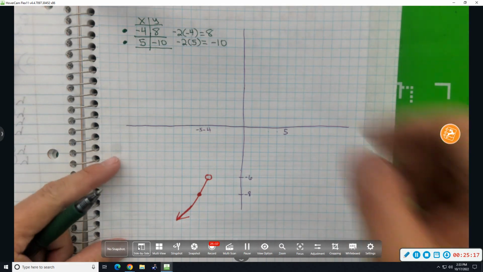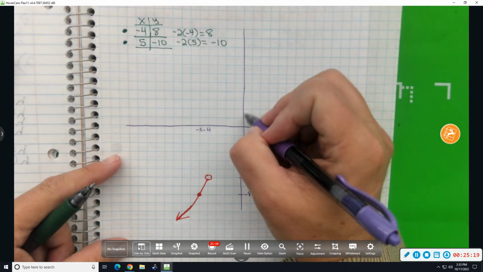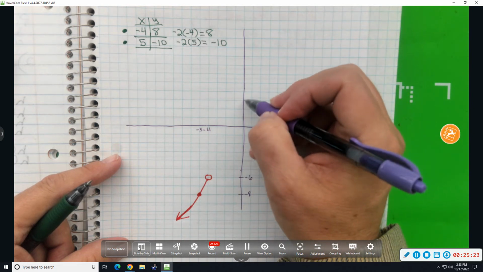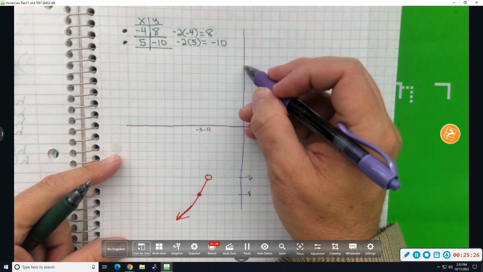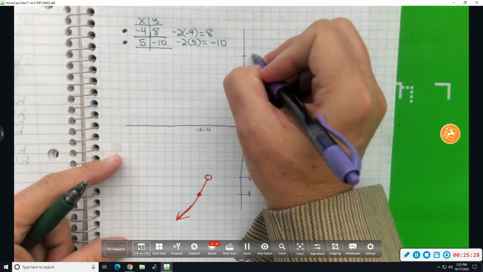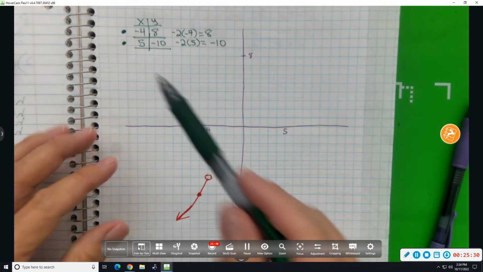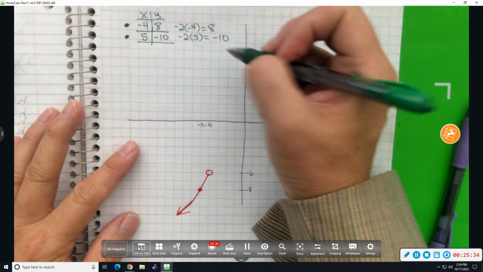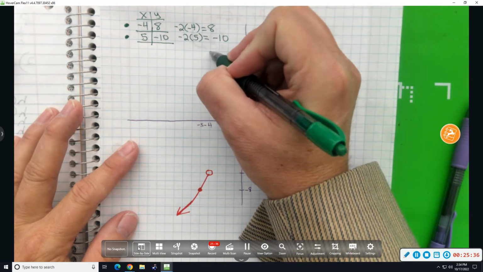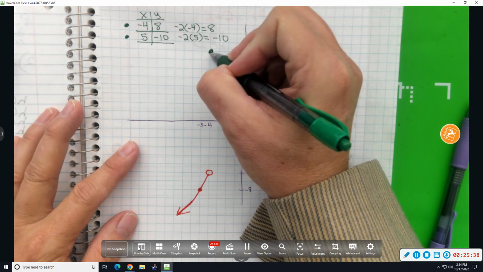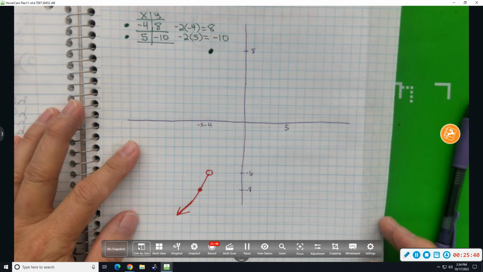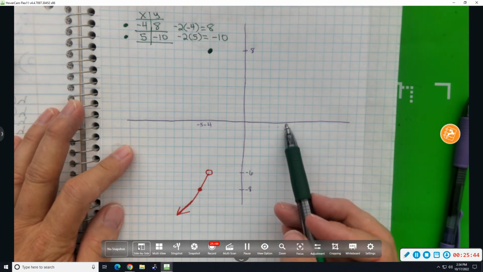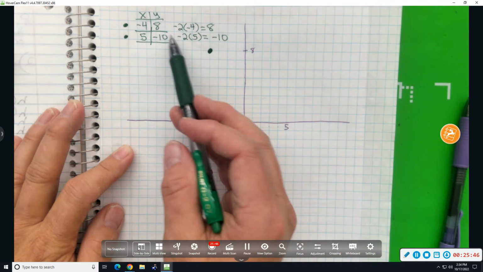Uh-oh, let me count up. Oops, I've lost count. 1, 2, 3, 4, 5, 6, 7, 8. Okay. So at negative 4, 8, we're going to have a regular closed dot. At positive 5, we're going to be down 10 units.